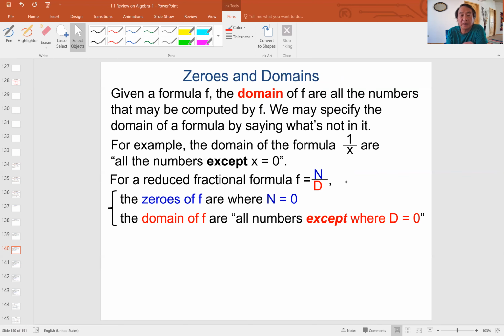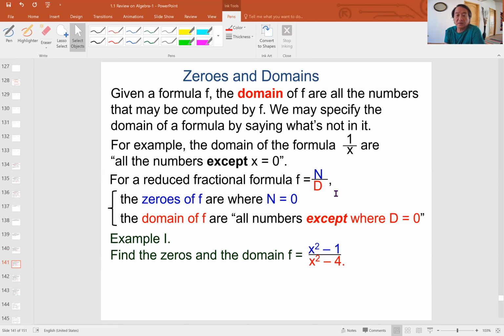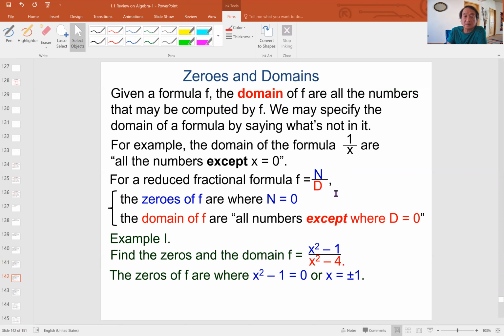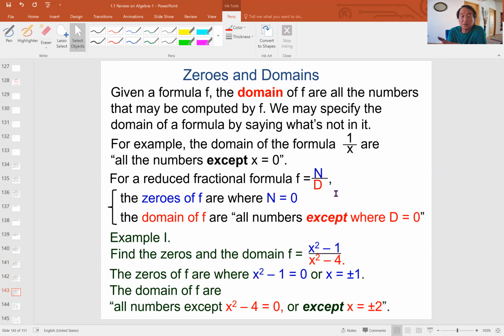So if I can find where it's not defined, then I get the domain. And that, of course, is where the denominator is 0. So for example, at the zeros, the top is 0. When I plug plus or minus 1 into the formula, I get F equals 0. But 2 and minus 2 are not defined. The formula is not defined there. The domain is everything except 2 and minus 2.